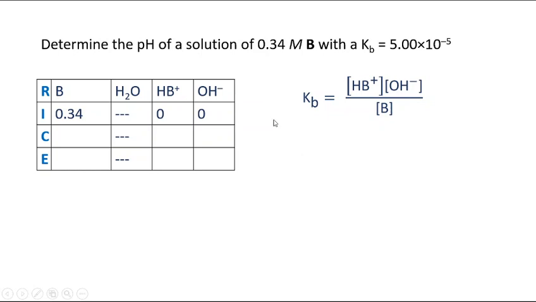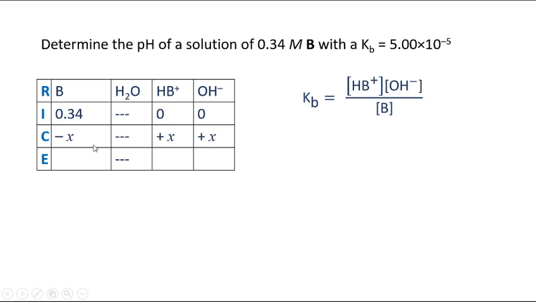The change occurs very similar to the acids. Whatever amount of B decomposes is going to create a mole of HB plus and a mole of OH minus. Because this is a 1-to-1-to-1 relationship, for every 1 mole of B that disappears, 1 mole of HB plus and 1 mole of OH minus is going to form.